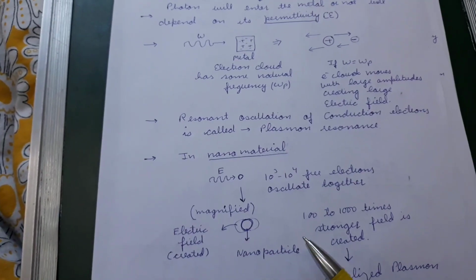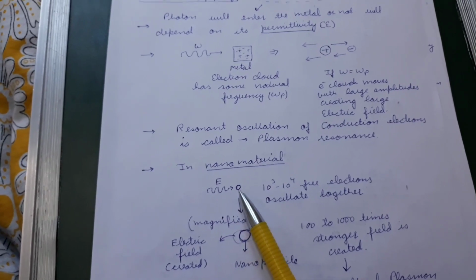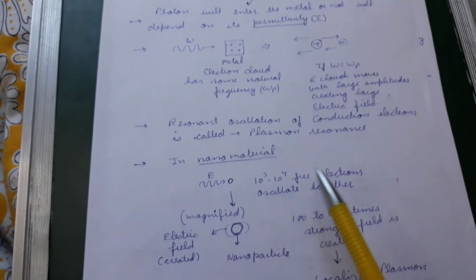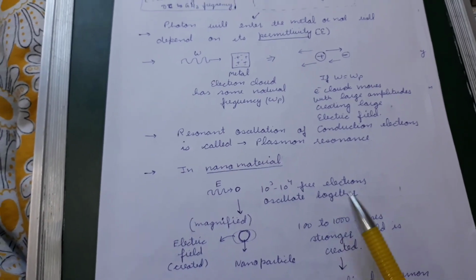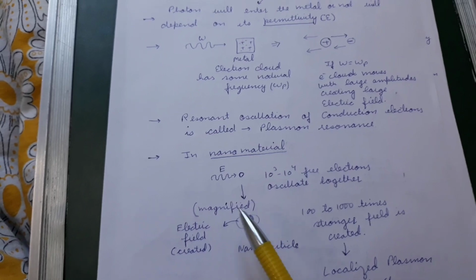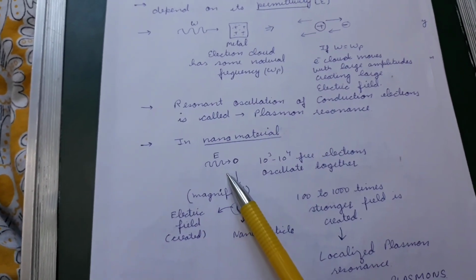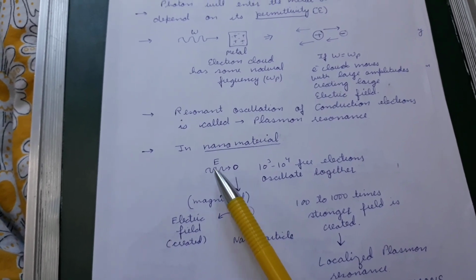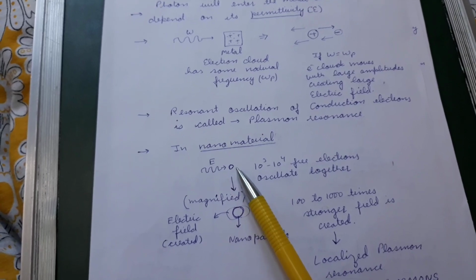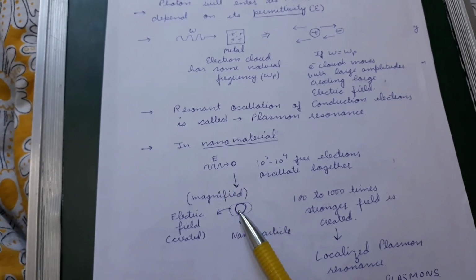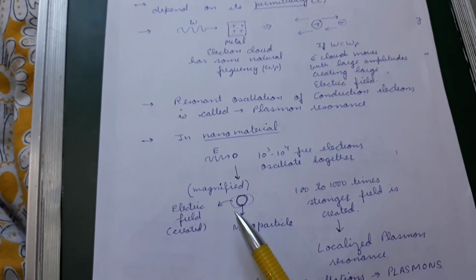Now, in a nanomaterial, the size of the material is very small and it has around 10 to the power 3 to 10 to the power 4 free electrons, all of them oscillating together. When a photon is incident on this material, with a frequency or wavelength matching the natural frequency of the electrons, then plasma oscillations will take place and a large electric field is generated.